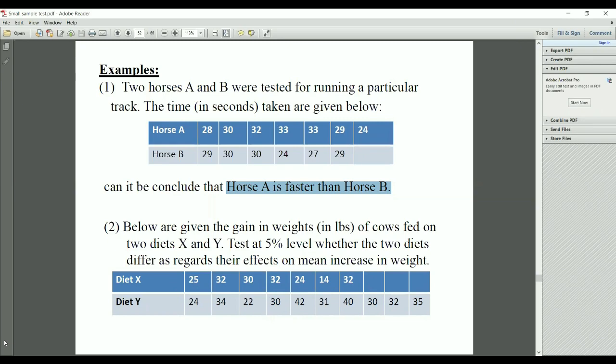Horse A is faster than horse B. हॉर्स ए का मीन और हॉर्स बी का मीन कैलकुलेट करेंगे. दैट हॉर्स ए इज ग्रेटर देन हॉर्स बी. दैट इज द नल हाइपोथेसिस.